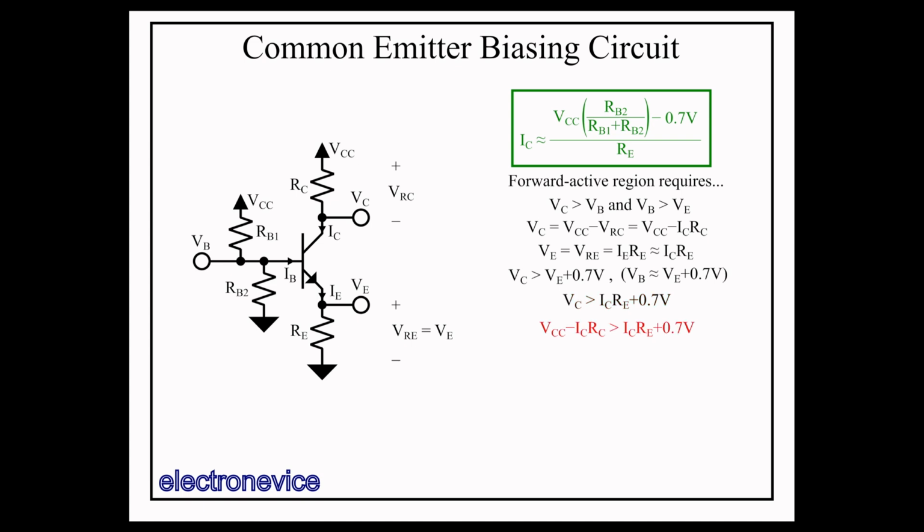Plugging in our expression for VC in terms of IC, we get VCC minus ICRC is greater than ICRE plus 0.7 volts. Simplifying this equation and solving for IC, we get that IC must be less than VCC minus 0.7 volts divided by the series combination of RE and RC.